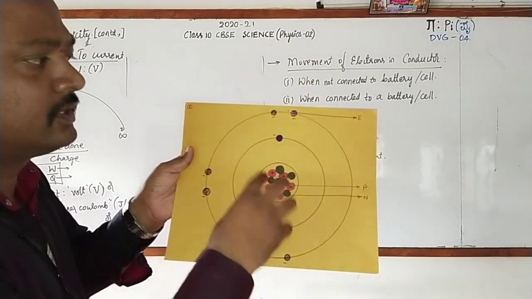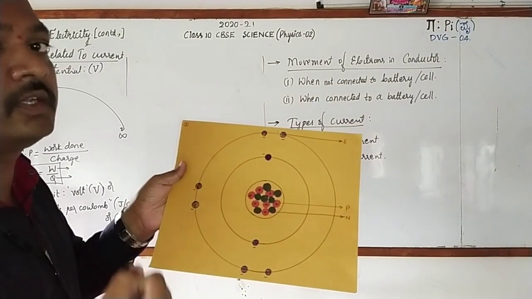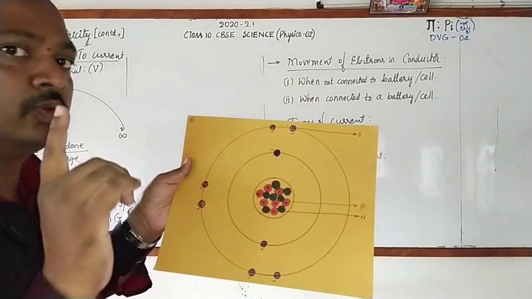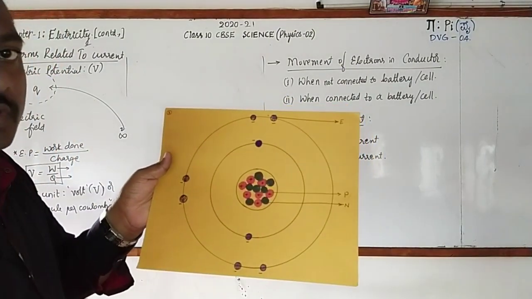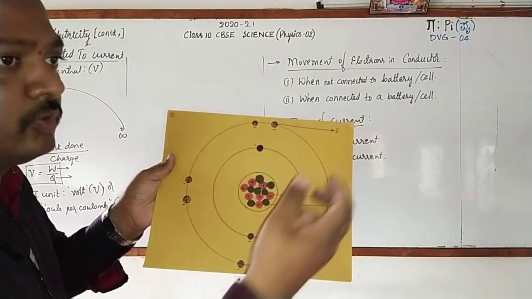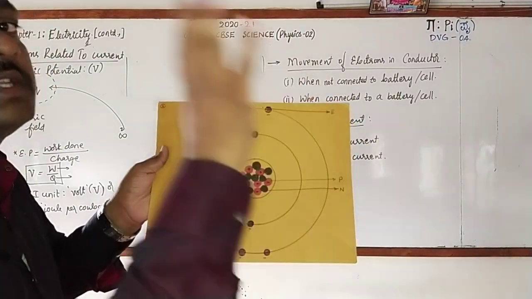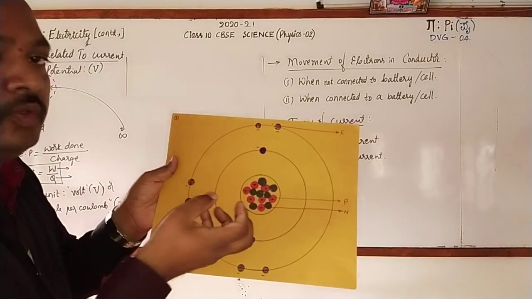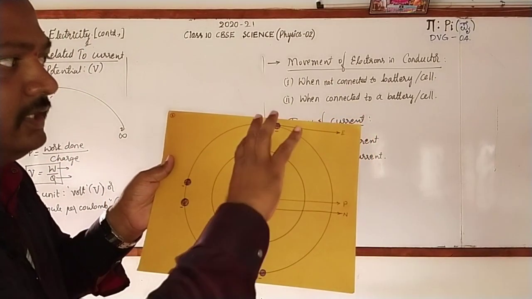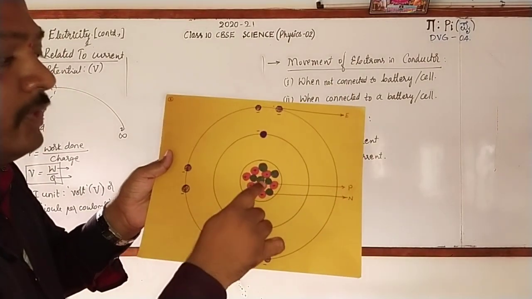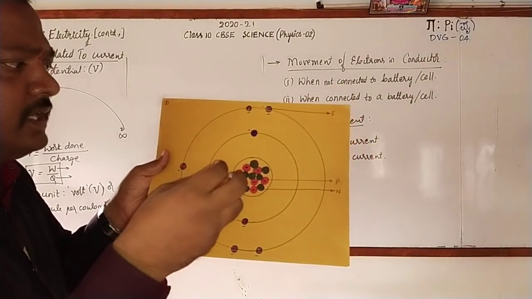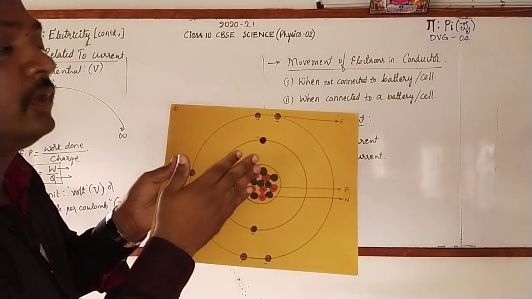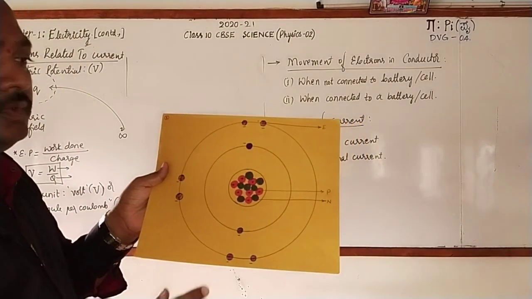Which one of these has more energy, protons or electrons? To tell the answer, I'll ask you one more question. Which charged particle can be removed easily? It is electrons, because they are bound to the nucleus with a smaller amount of energy. Clear? Whereas protons, as they are bound inside the nucleus, are very difficult to remove from the atom.